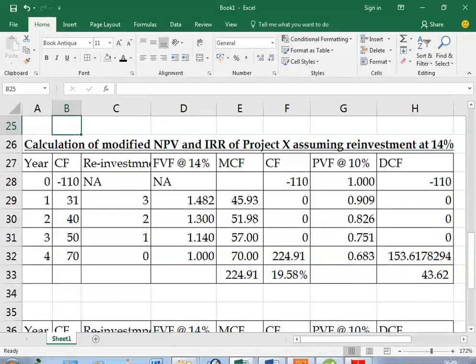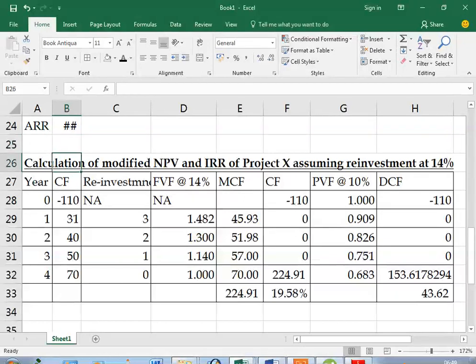You've understood the 14% part. I'll explain the balance concept and you can note down the solution.